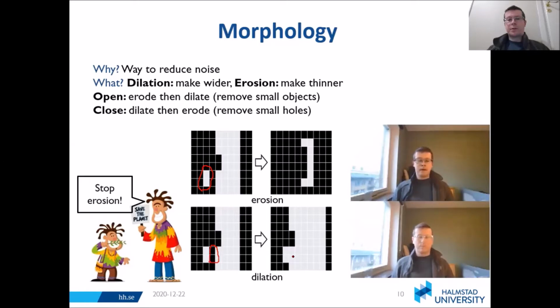We can dilate first and then get rid of that black space and then erode to restore it to the same size. So on the right, on the top, this is an example of erosion. You can see that my eyes and nostrils are quite dark and I look thin. At the bottom, this is an example of dilation. I look quite fat and it's hard to even see my eyes.